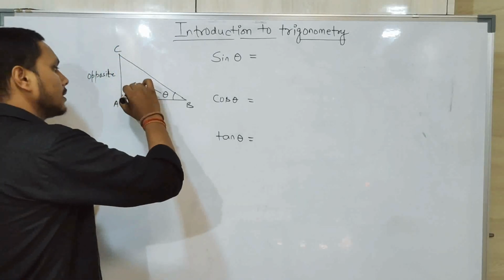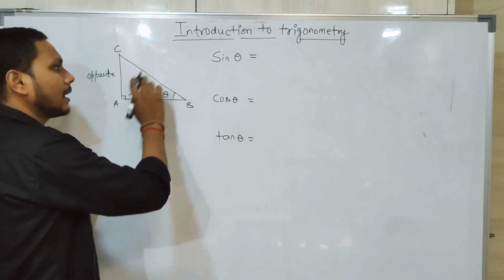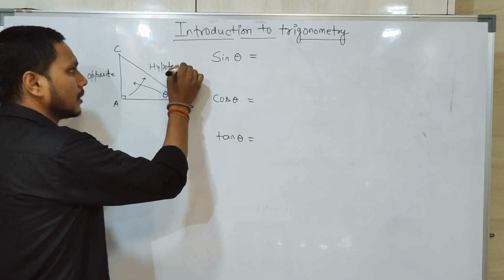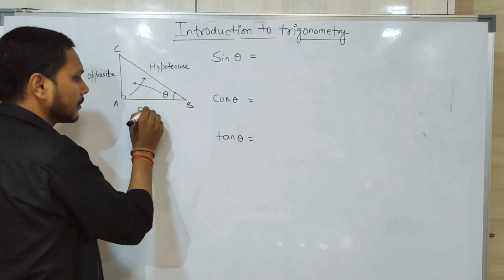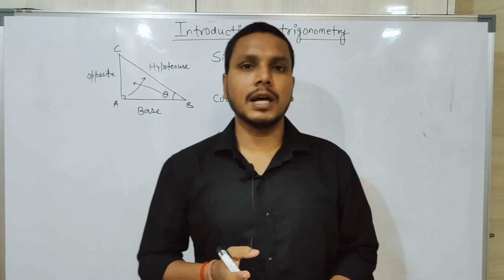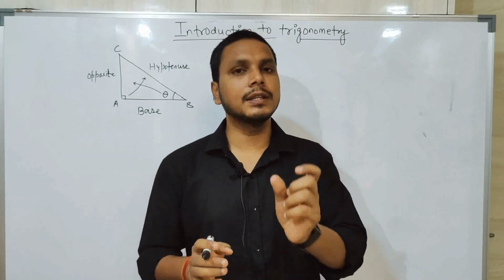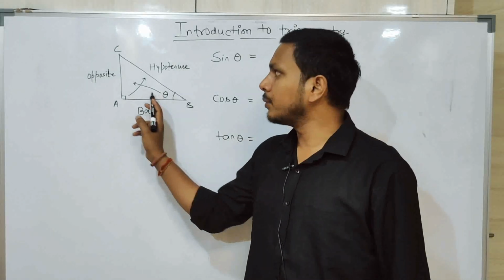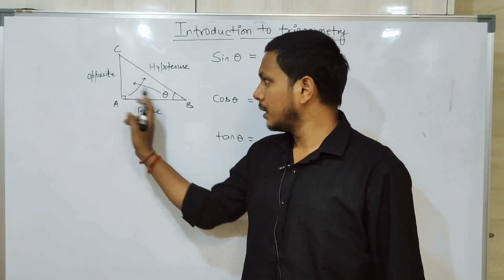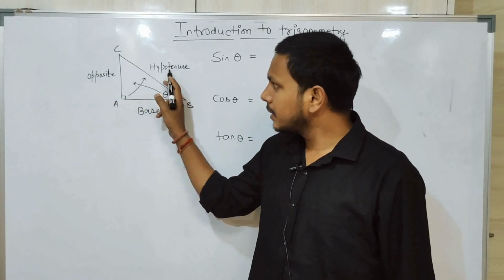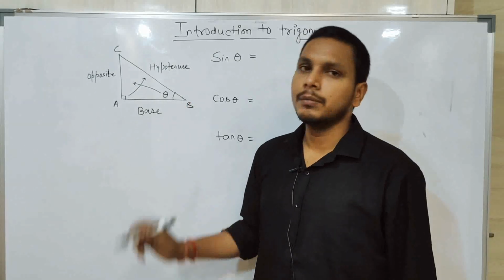The side which is opposite to the right angle is known as the hypotenuse, and the remaining side is known as the base. So basically we can define all three sides on the basis of the angle given in the right angle triangle: opposite to the angle is the opposite side, opposite to the right angle is the hypotenuse, and the remaining is the base.